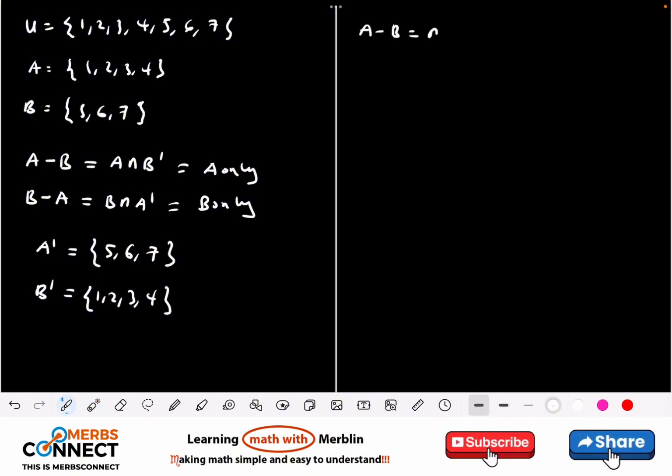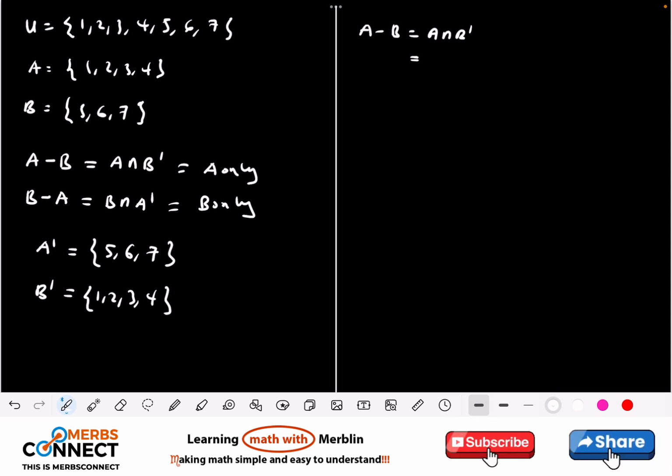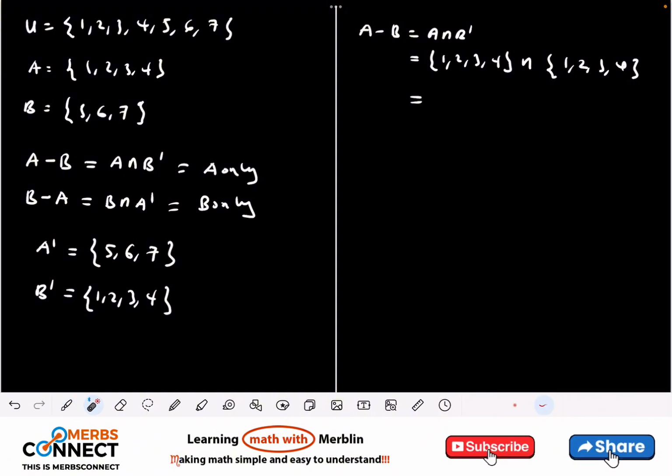So now what is A minus B? We know that A minus B was A intersection B complement. So what is A? A is 1, 2, 3, 4. Intersection, what is B prime? 1, 2, 3, 4. Right. So intersection means the elements here and the same thing, and you can see that they are all repeating themselves.